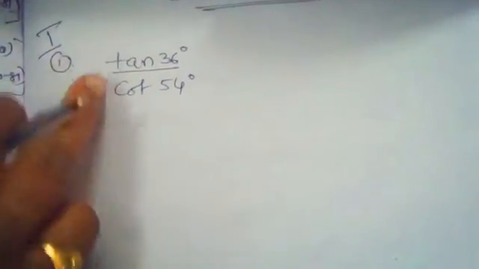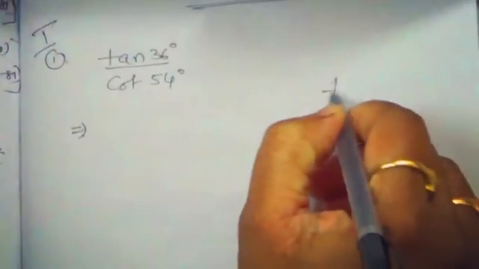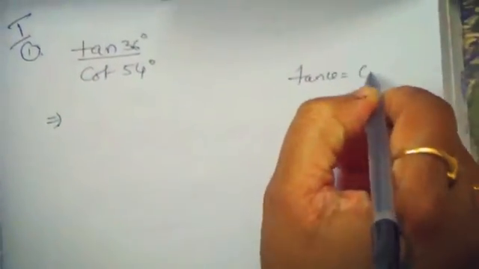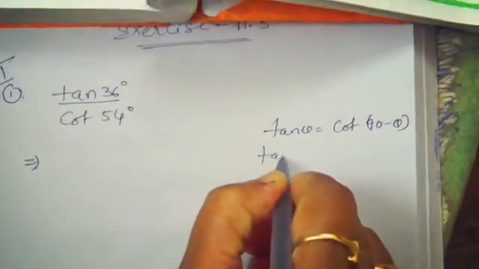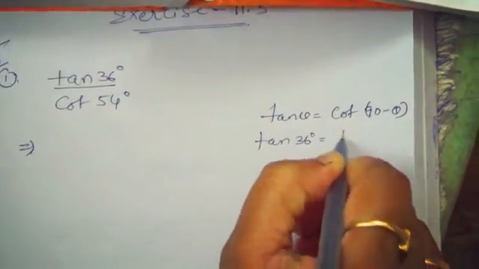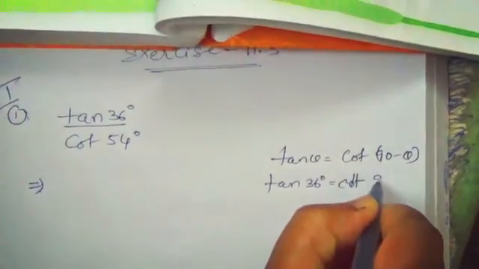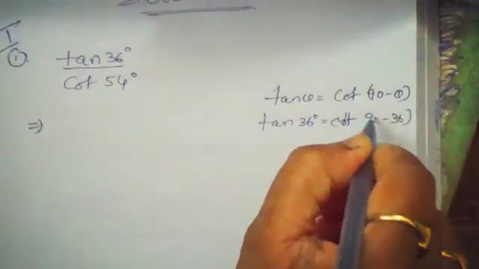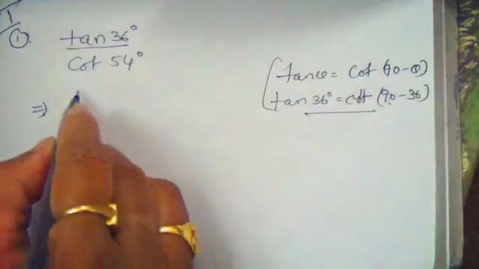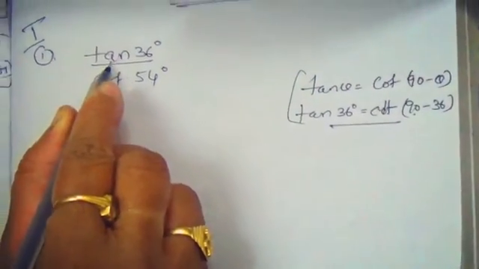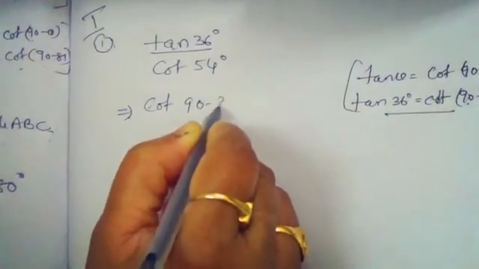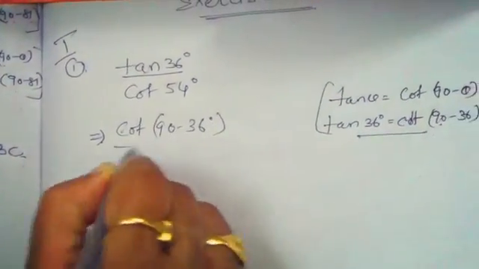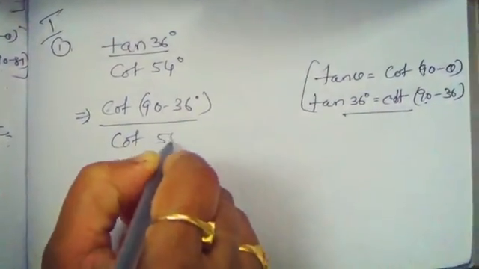That implies you just change any one, only one. Tan theta is equal to cot 90 minus theta. Just like that, tan 36 is equal to cot 90 minus 36. I am using this formula. So I want to change the numerator, that is cot 90 minus 36 by cot 54 degrees.